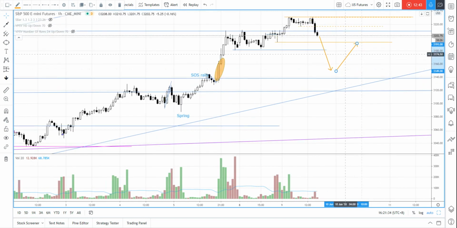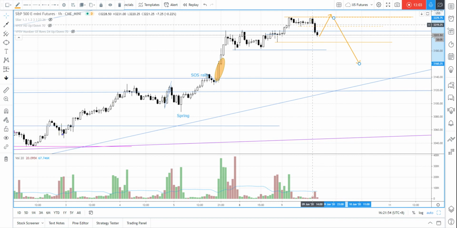And for the short entry, I think the resistance level at 3230 can have an upthrust followed by a rejection. That can be a good short signal as well. In fact, I just initiated a short entry earlier on, around this area here, about 2 o'clock, but already closed. By the way, I will cover the trade review maybe tomorrow.